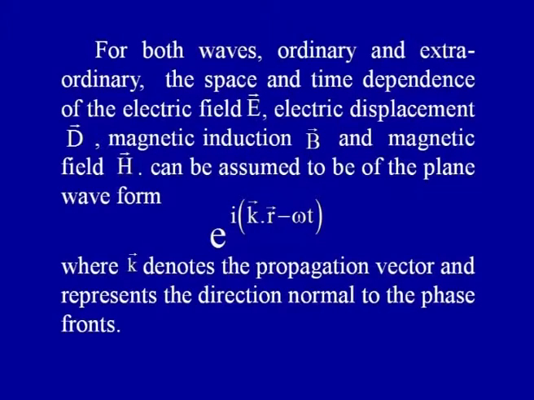So, all of these can be assumed to be of the plane wave form e raised to the power i (k dot r minus omega t) for a plane monochromatic wave. Here k denotes the propagation vector and represents the direction normal to the phase fronts.